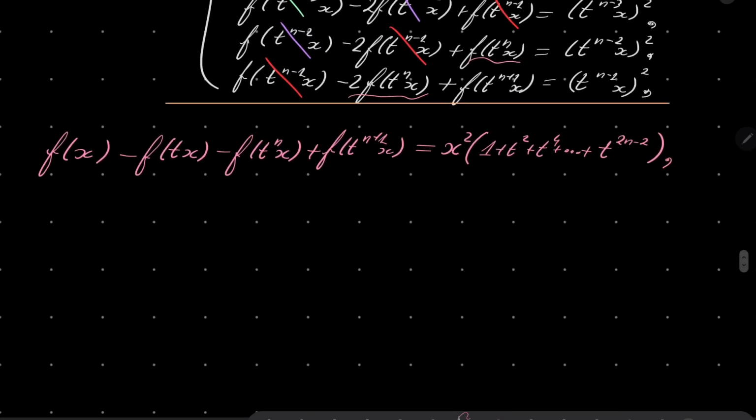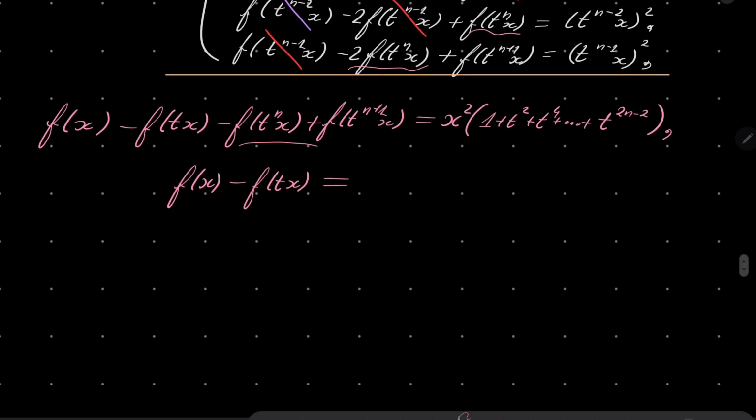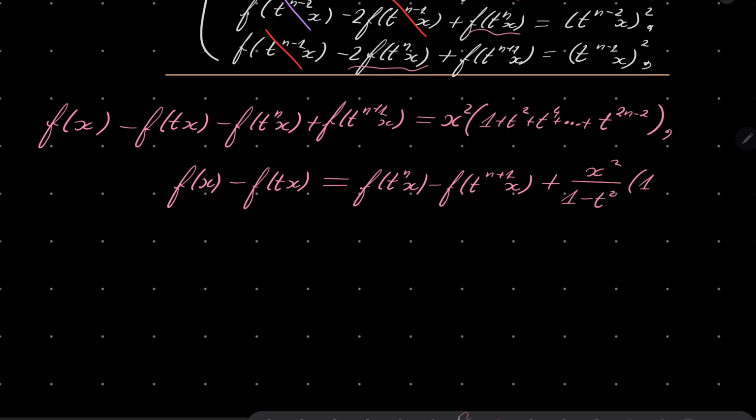And now I can write this all in the following way: f of x minus f of tx equals, and let's put these terms on the right hand side, f of t to the n x minus f of t to the power n plus 1 x plus, and this part can be written as x squared times (1 minus t to the power 2n) over (1 minus t squared).